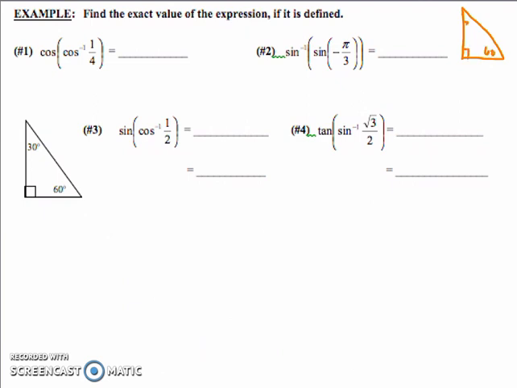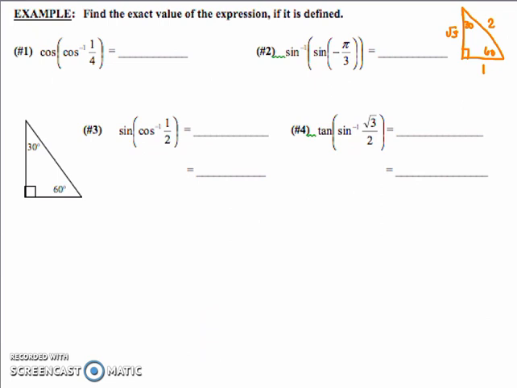So if this angle's 60, this angle's 30, right? And just remembering the sides of that triangle, that the base is 1, the hypotenuse is 2, and then the leg across from the 60-degree angle is square root of 3. Okay, so we're going to come back to that in a little while. Okay? All right, I want to make sure you have it on your page.